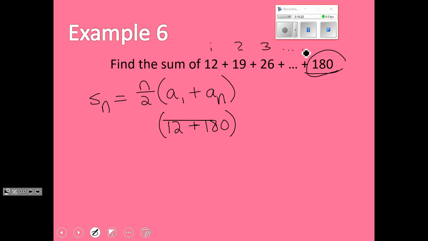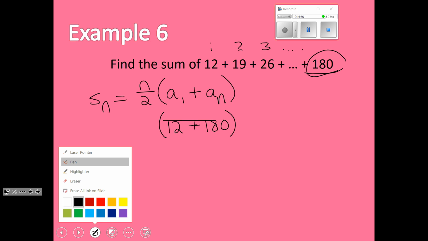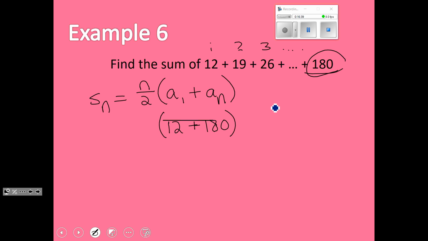So here's the thing. Let's use what we know. What else do we know? We know another formula. We know our a sub n formula, which is a sub 1 plus n minus 1 times the common difference.